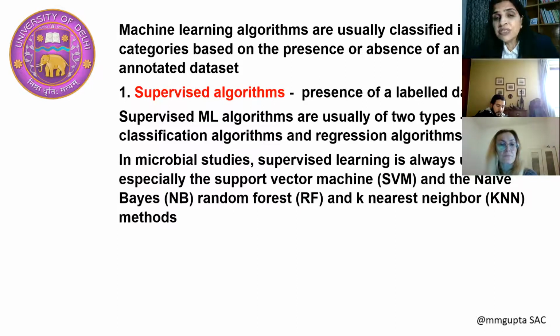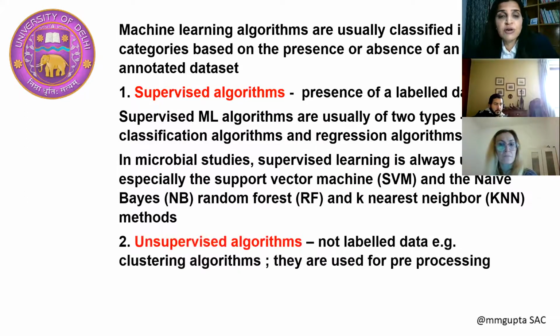In our microbial studies, we use mostly supervised algorithms, and especially we use the SVMs, NBs, RF, and KNN methods. We will not go into the details of this, but when we talk of the applications, we would know these are the four main supervised algorithm methods of machine learning which are being used for the symbiotic systems or microbial studies.